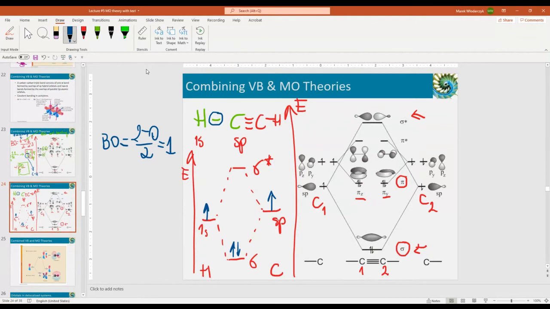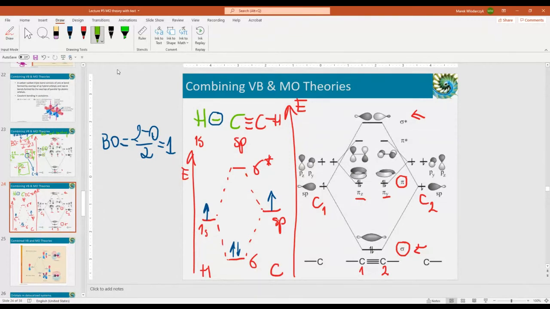So we know that one single bond is formed, and that's true because our green bond is a single bond. The second part is that you have to draw the shapes of the atomic orbitals and the molecular orbitals that form.